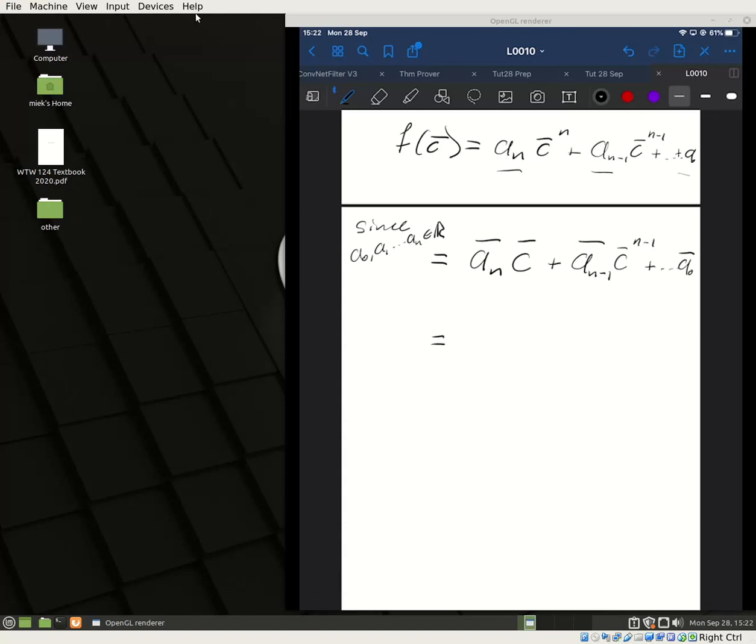And now by the properties of the complex conjugate, if you remember, the complex conjugate is preserved by addition and by multiplication. So by the properties of the complex conjugate, what do we have? So this is the same as the complex conjugate of, oh sorry, I forgot the exponent n there.